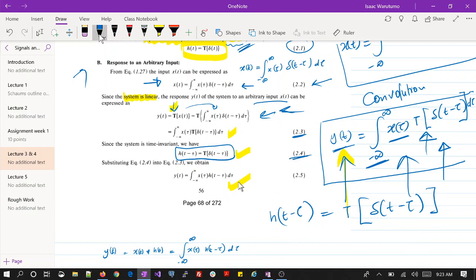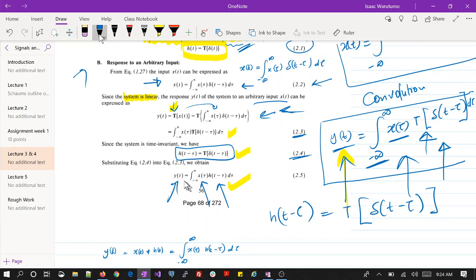So that is equation 2.4. And if we now substitute equation 2.4 into 2.3, we get that y of t, that is the output, will be a function of the input signal integrated over tau and convolved with the impulse response h of t minus tau d tau.